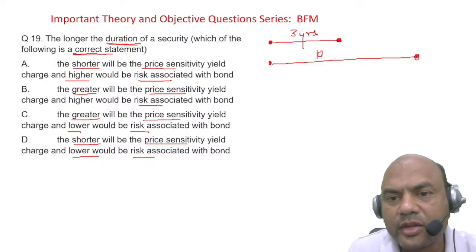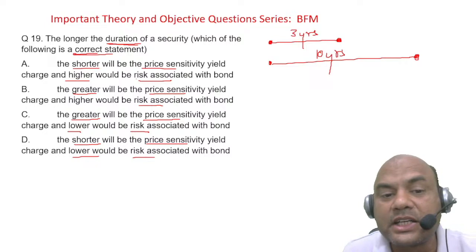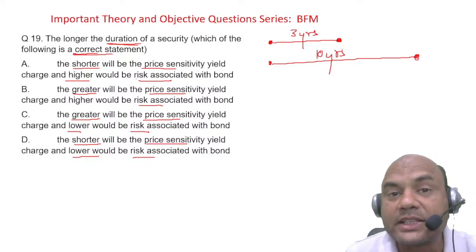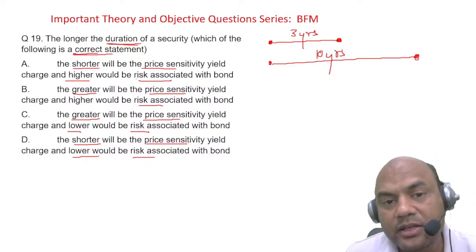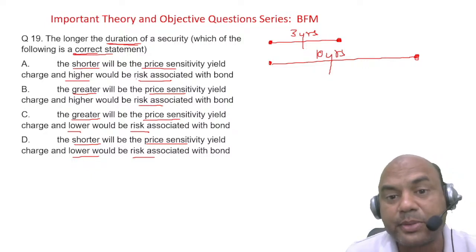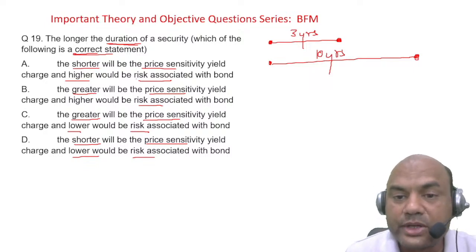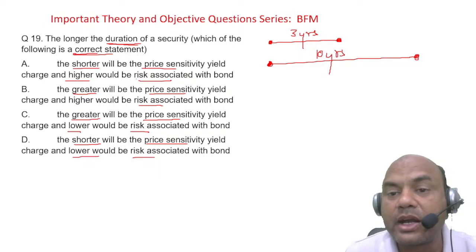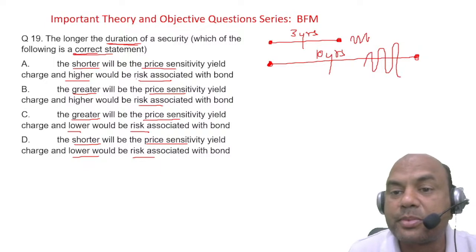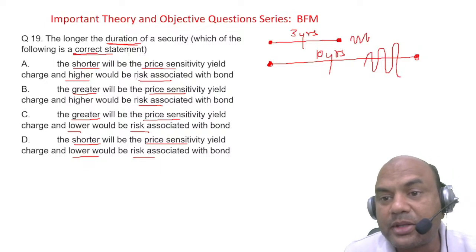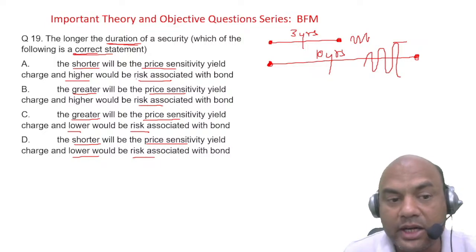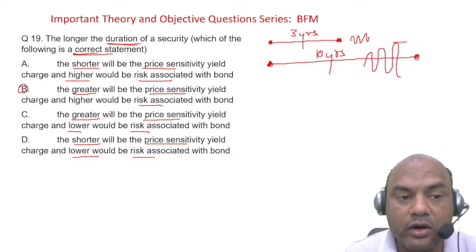Which bond will have higher sensitivity or higher movement with respect to change in any base parameter? Whichever bond has longer duration will have greater sensitivity. This will move faster, this will move slower with respect to one parameter. Sensitivity means movement. So greater is the price sensitivity. So that is okay. Now the answer is either B or C.